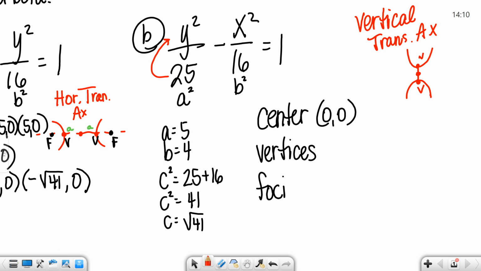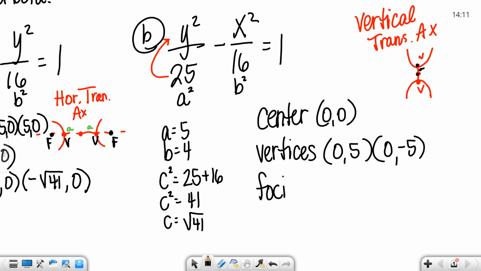So my vertices, this time we're going to go up and down to get to my vertices. I take my center, 0, 0, my ordered pair, and I go a spaces up. From the center to the first vertex, I go a spaces up. So that would be 0, 5.